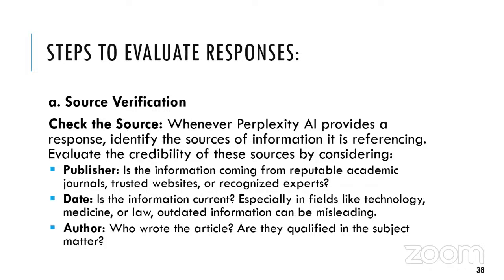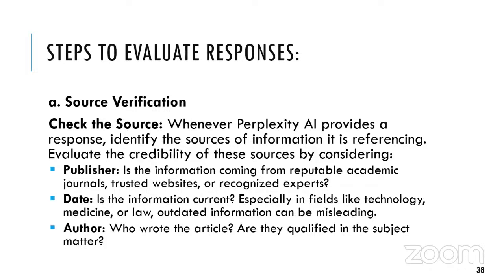Evaluate the credibility of these sources by considering the publisher. The question to ask about the publisher is: is the information coming from reputable organizations, academic journals, trusted websites, or recognized experts? Check the date.